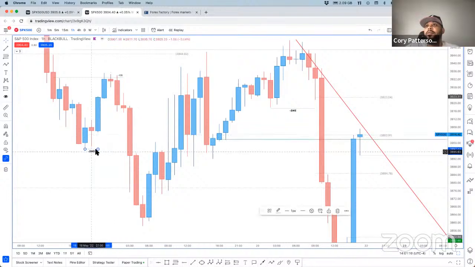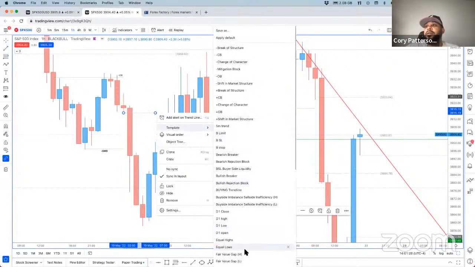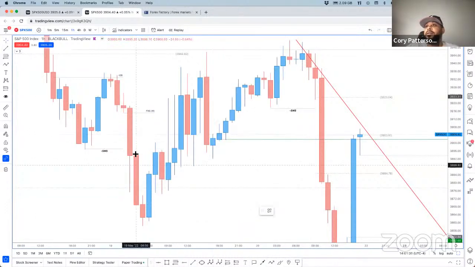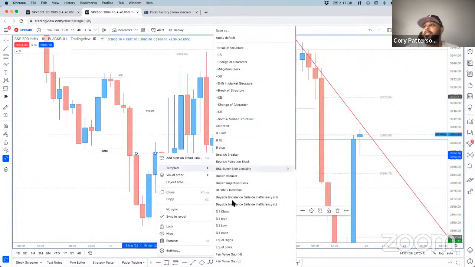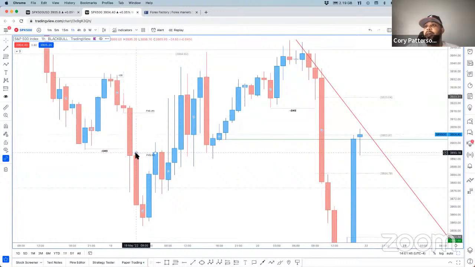Now, this will be a good example to show you. Once we made this low, we went lower, we came back into it right here and we failed it, right?